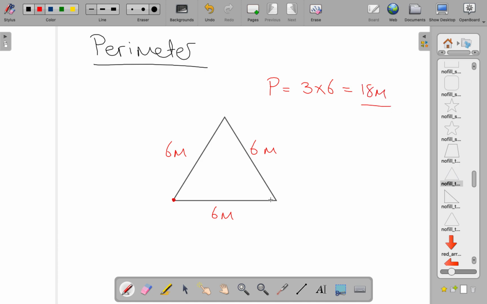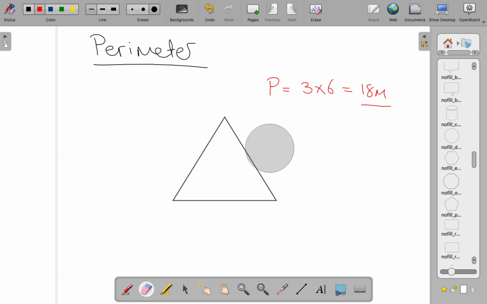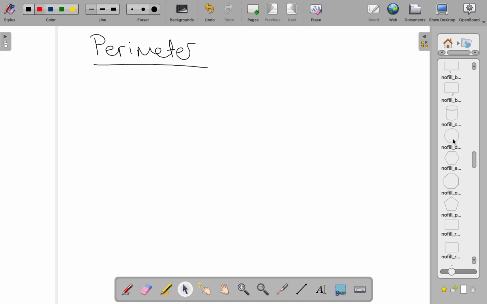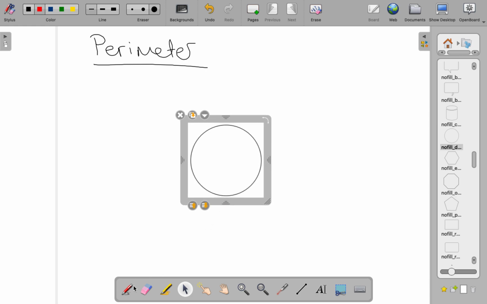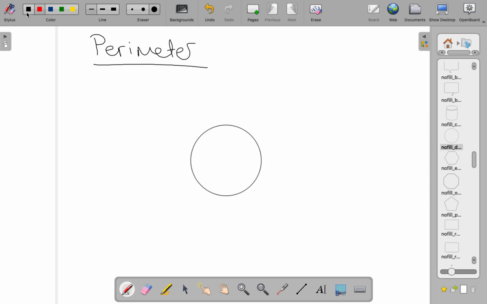Now let's try it with a circle next. This requires a little bit of knowledge of circles. So if I delete this and put a circle in, let's say we have a circle, and we have the centre, which is there.